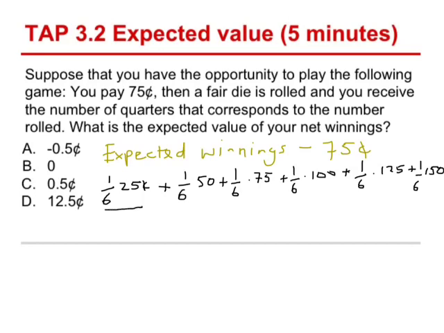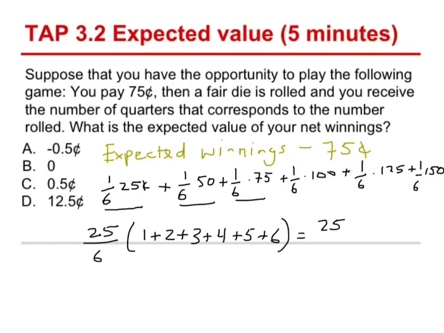This is 25 over 6 times 1, 25 over 6 times 2, 25 over 6 times 3, etc. So we end up with 25 over 6 times 1 plus 2 plus 3 plus 4 plus 5 plus 6, which equals 25 times 21 over 6. I'll go to my trusty rusty calculator.